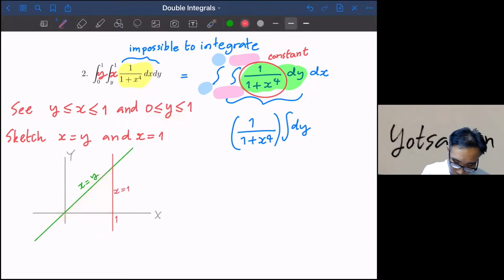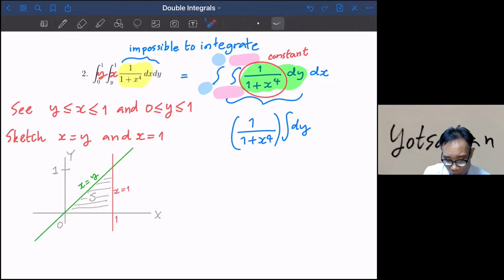So I'm just going to write down 1 here, 0 here. Okay, so it's going to be 1 here, 0 here, and the region turns out to be this triangle. And what you have is coming from this green one to the red one.